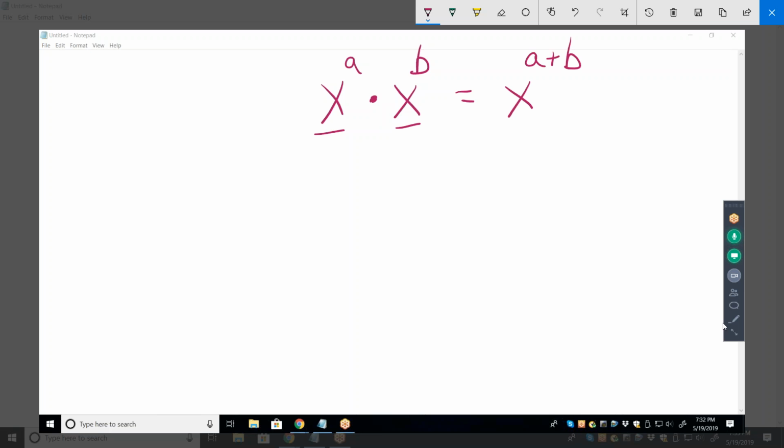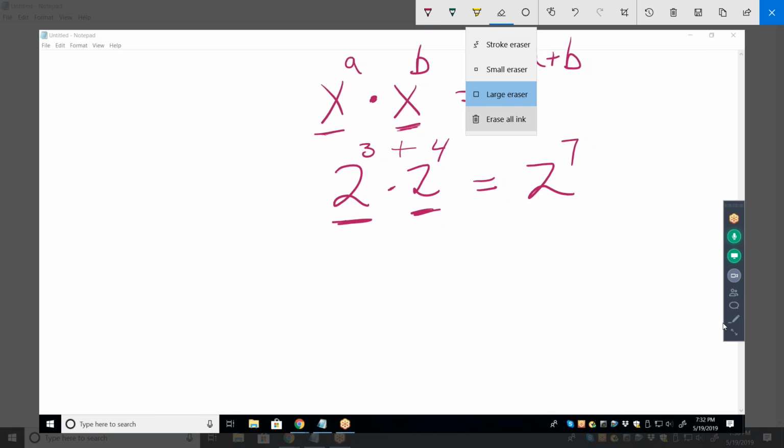In other words, when you are multiplying the same base with different exponents, a and b, you add the exponents. For example, 2 to the third times 2 to the fourth would be 2 to the seventh. Always remember you're doing one step less with the exponents than you're doing to the bases. I'm multiplying the bases, I am adding the exponents. Think of it as one level less.